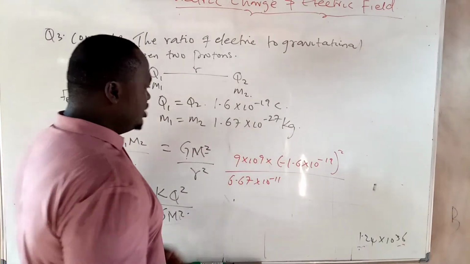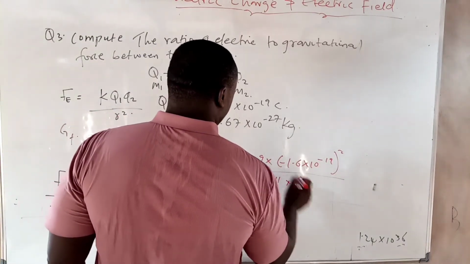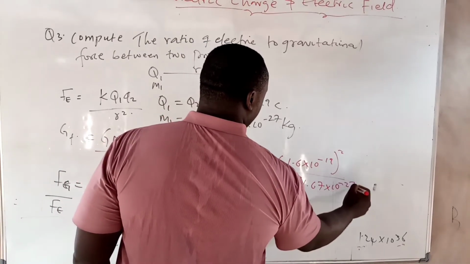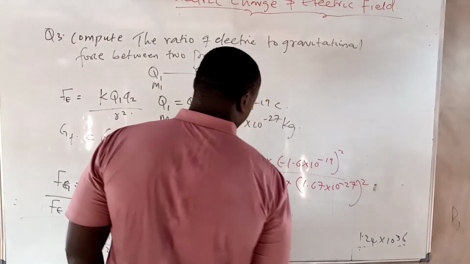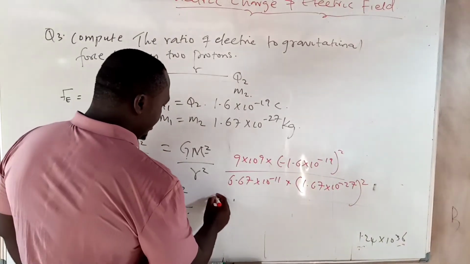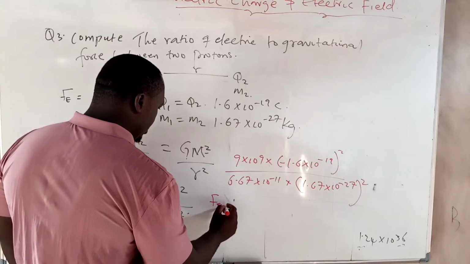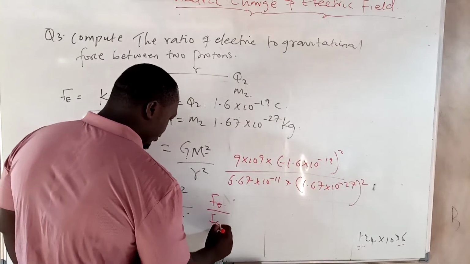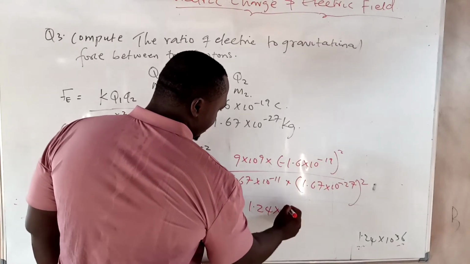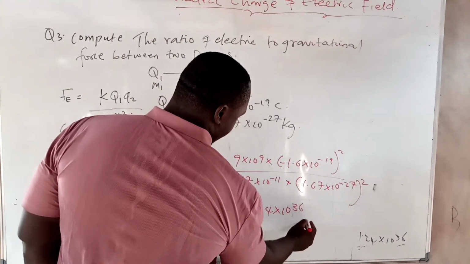The mass is 1.67 times 10 to the power of minus 27, all in square. You punch this in the calculator and the ratio will give you 1.24 times 10 to the power of 36.